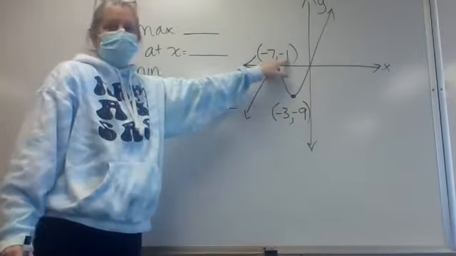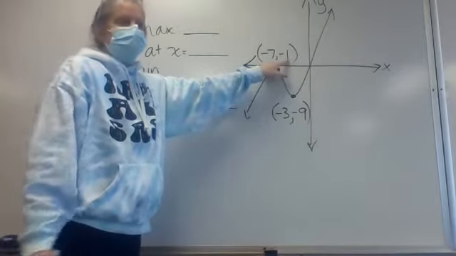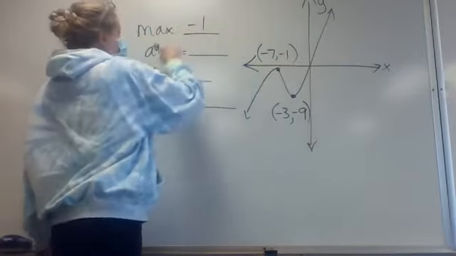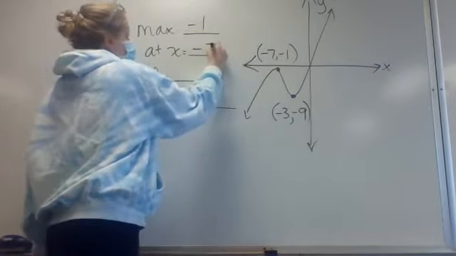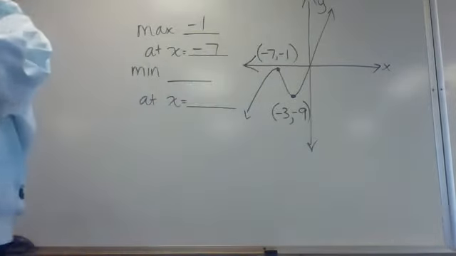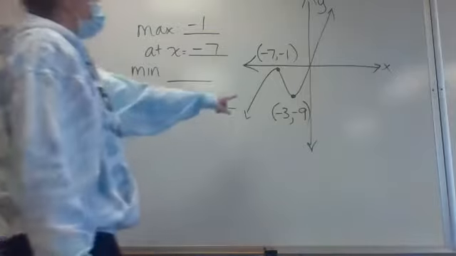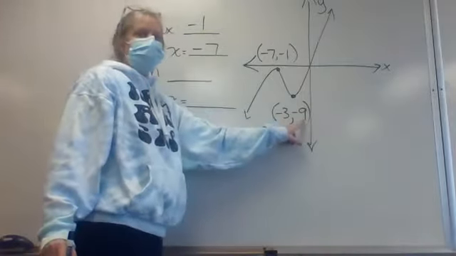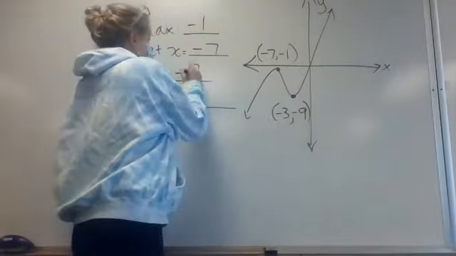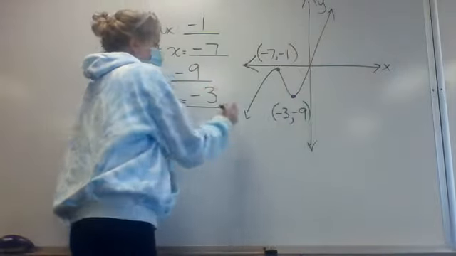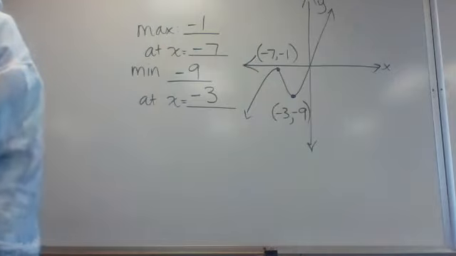So what's the maximum? -1, right? The maximum value is always the y. It occurs at x equals -7. And here's your minimum. What's your minimum value? -9, and it occurs at x equals -3.